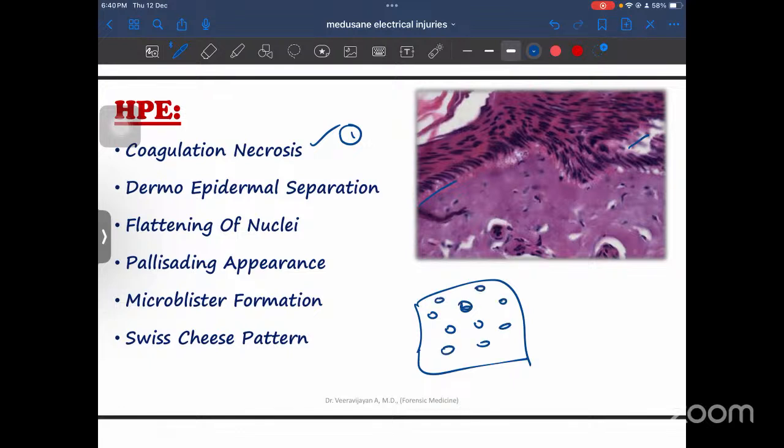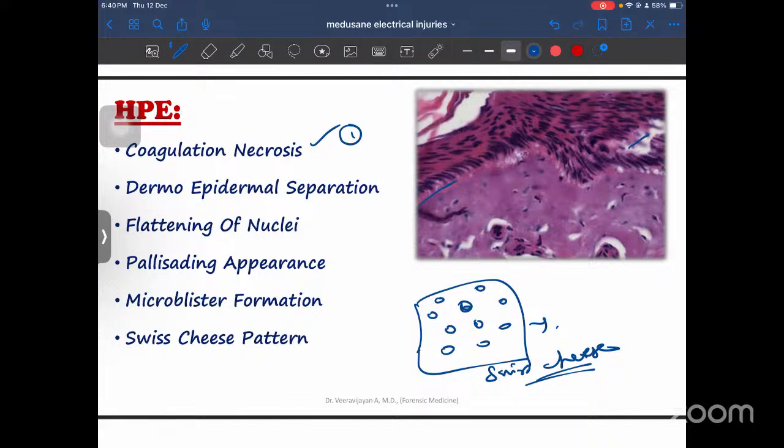This formation is known as microblister. This appearance more or less resembles cheese, so this is known as cheese pattern. These are some terms they will say in the histopathology examination of electric injury or electrocuted skin.